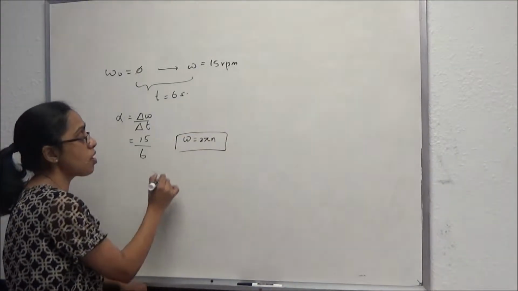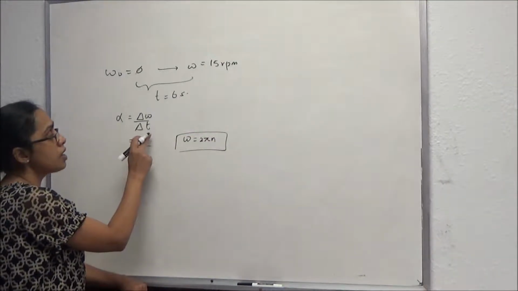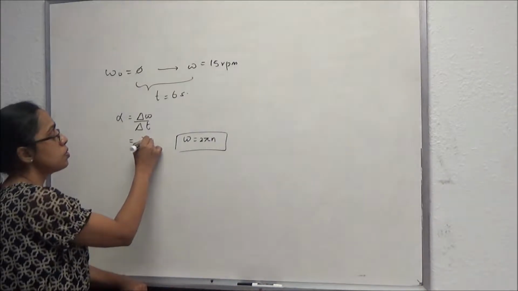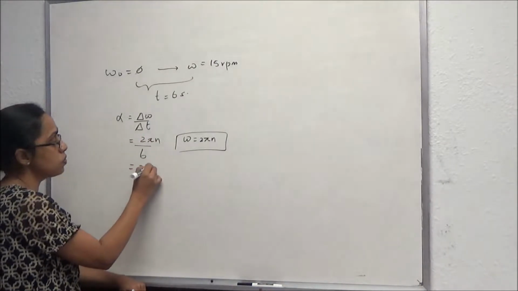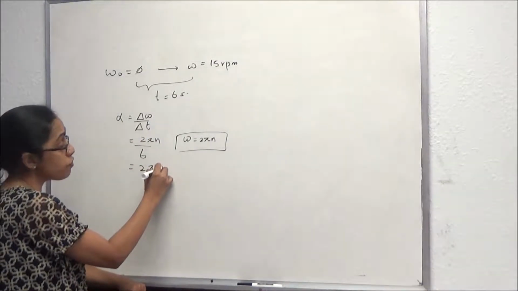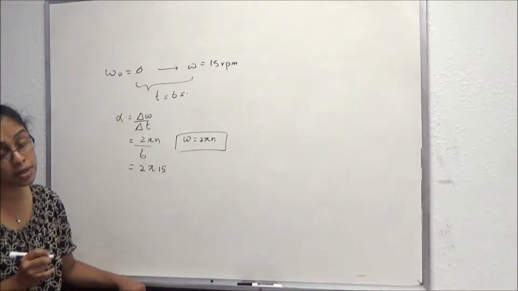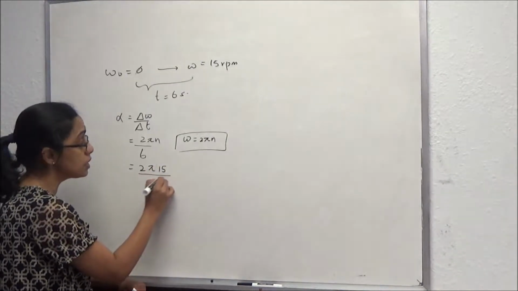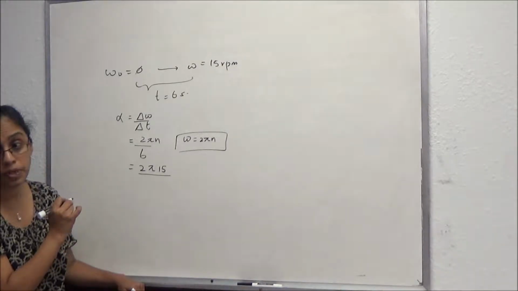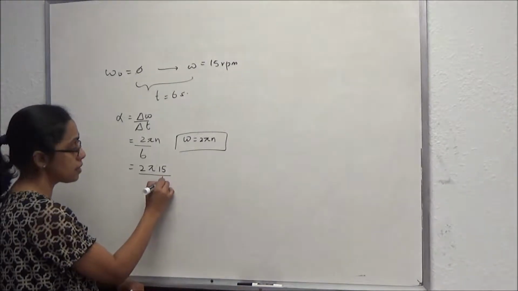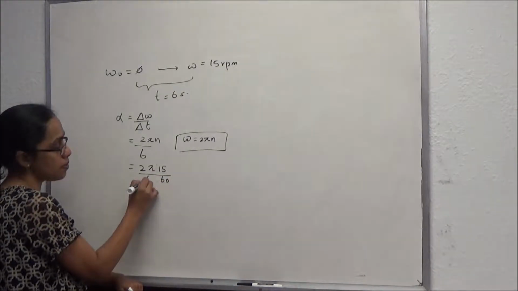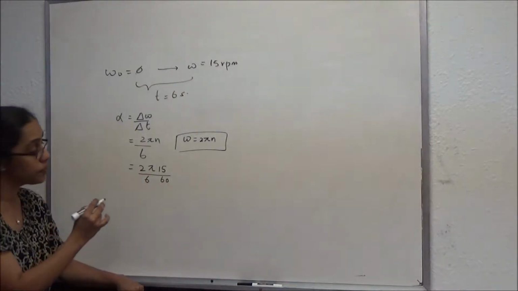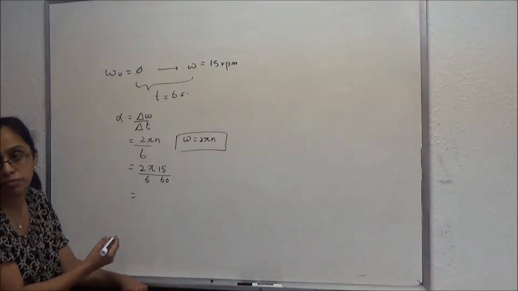So you can even block this. Omega will be 2 pi n. 2 pi n would be 15, but still it's in RPM, therefore you need to divide it by 60. Did you understand that? So I will write that 60 here, so it is not confusing. It's just a matter of simplification.